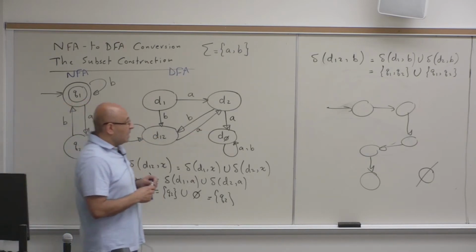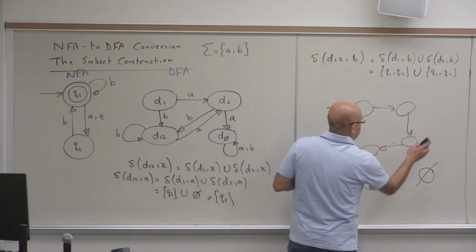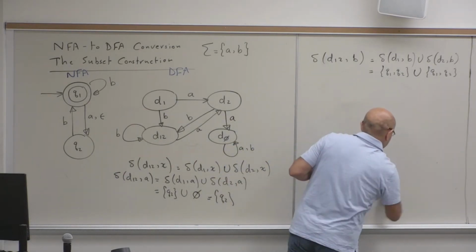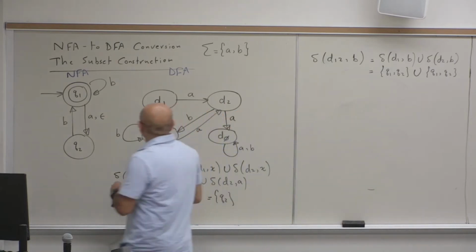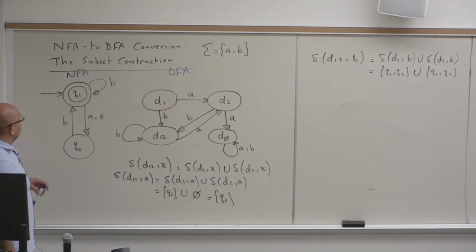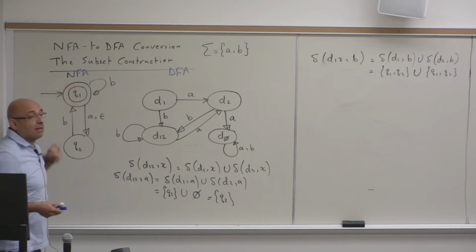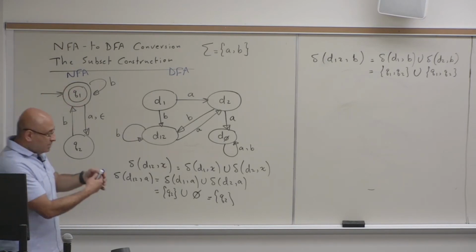But anyway, you need a start state, and you need to identify the accept states. So what's the start state? No, in fact, the start state is going to be the epsilon closure of the start state in the original NFA. So let me write this down.